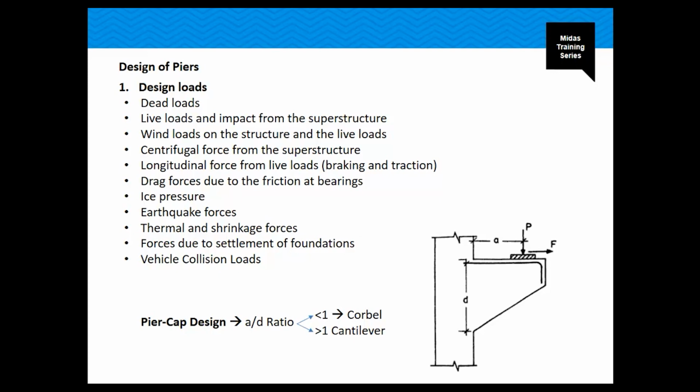In order to do that, we have to take into account the dead loads, live loads, wind loads, and centrifugal forces from the superstructure, longitudinal forces, ice pressure, earthquake, thermal, shrinkage forces, vehicle collision loads, and so on, depending on the location of the project and the type of bridge that you're using. These loads come into account and they need to be considered in the design.